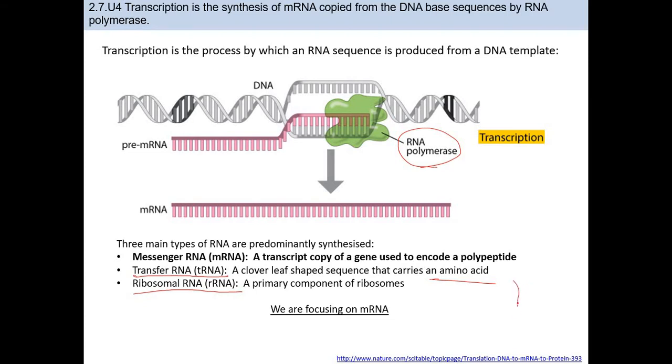If you remember, it had the anticodon over here and the amino acid over here. So that's the tRNA, and also the ribosomal RNA, which is a structural component of the ribosome. So not only the messenger RNA is synthesized from the DNA, but also these other two types, transfer RNA and ribosomal RNA.